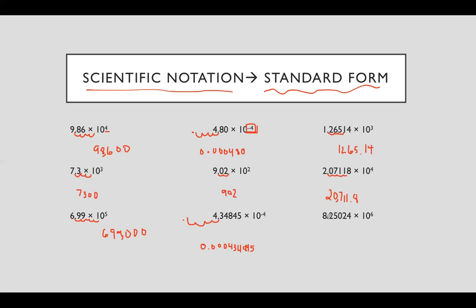And then lastly, we're moving the decimal 6 places. So 1, 2, 3, 4, 5, 6. So we get 8, 2, 5, 0, 2, 4. Sorry, that's very illegible. And then since we have an extra space, a 0 goes there. So that gives us 825,000.